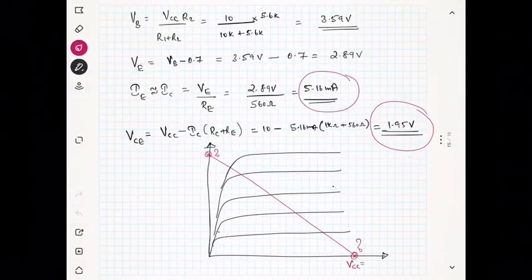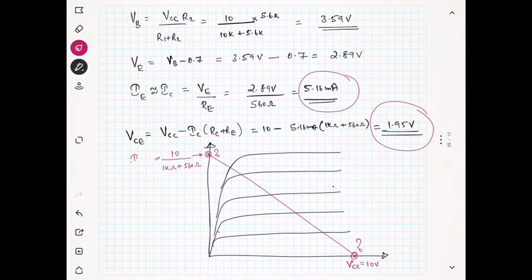VCC is 10 volt, and this is VCC over RC plus RE, that is 10 divided by RC, 1 kilo, plus 560 ohm. So you can calculate this value. That is IC sat, the maximum current you can get for this circuit.